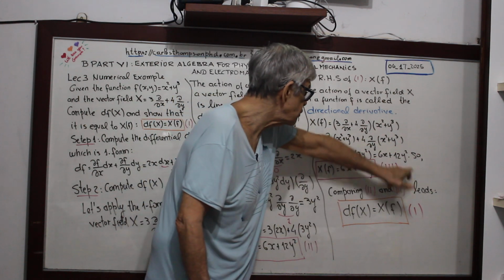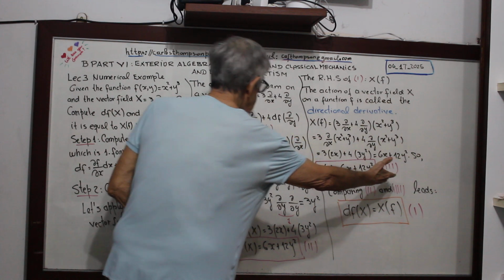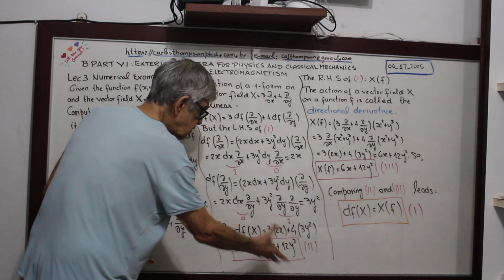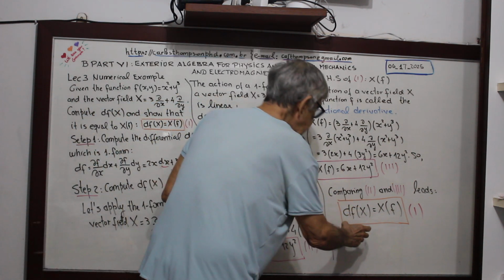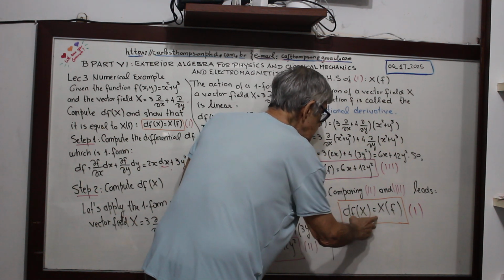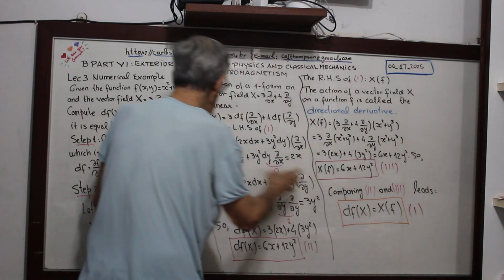Now this is relation 3. You can compare relation 3 here with relation 2. They are equal. So we conclude that df applied to X is X applied to f, which is equation 1.